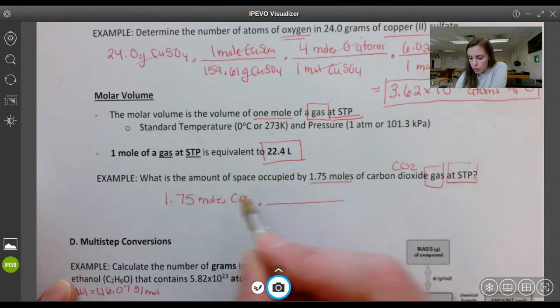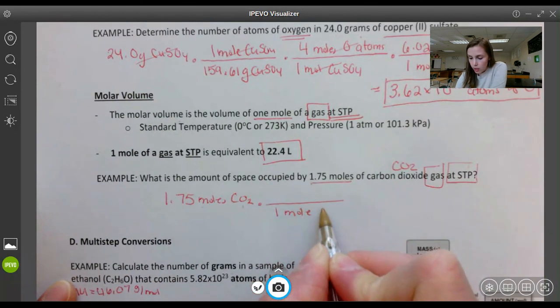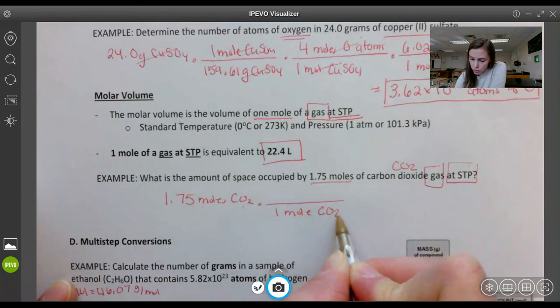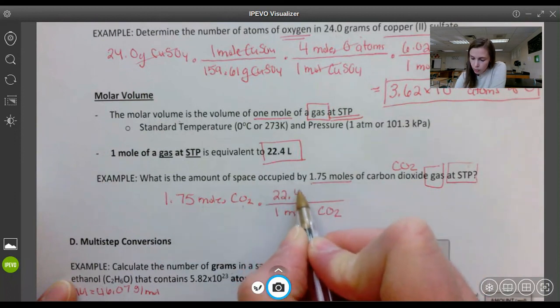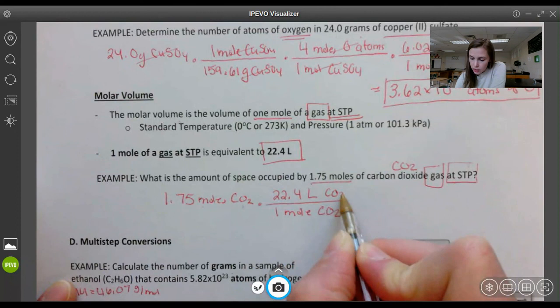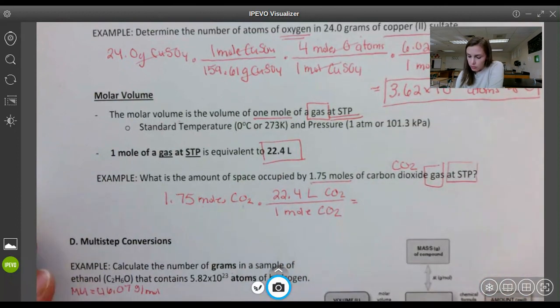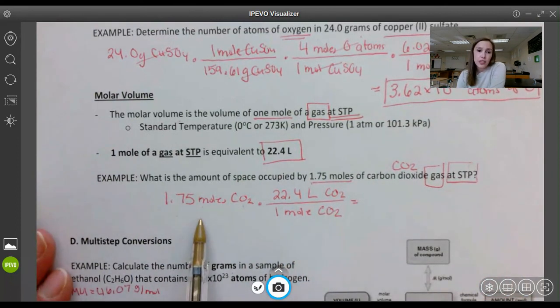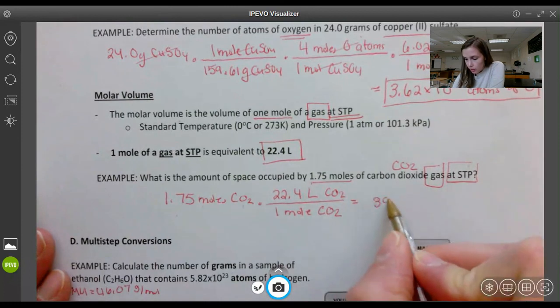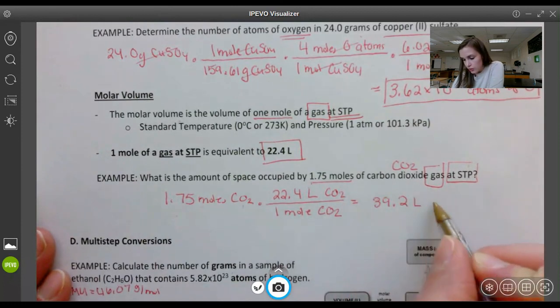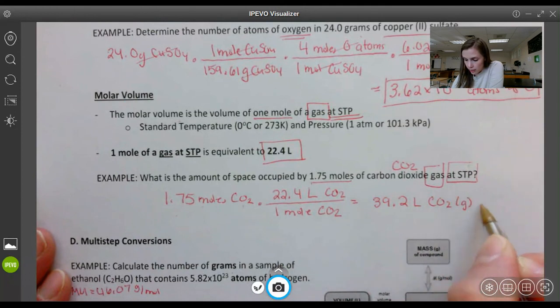Okay, I'm starting with moles, so I would have my 1 mole of CO2 would be equivalent to 22.4 liters of CO2. Okay, when you actually multiply those through and you keep your 3 sig figs that you started with, you would get 39.2 liters of CO2 gas at STP.